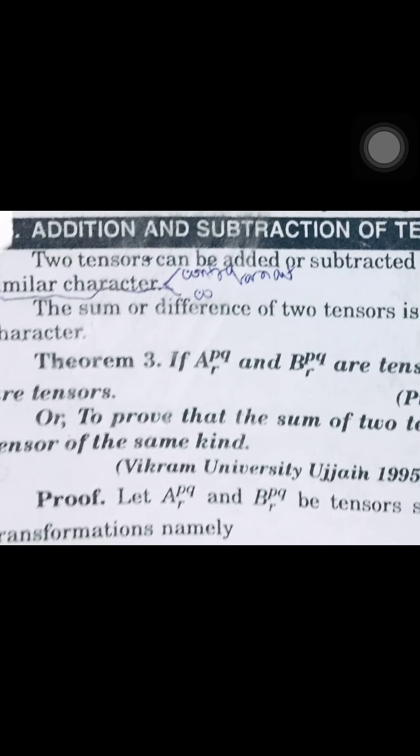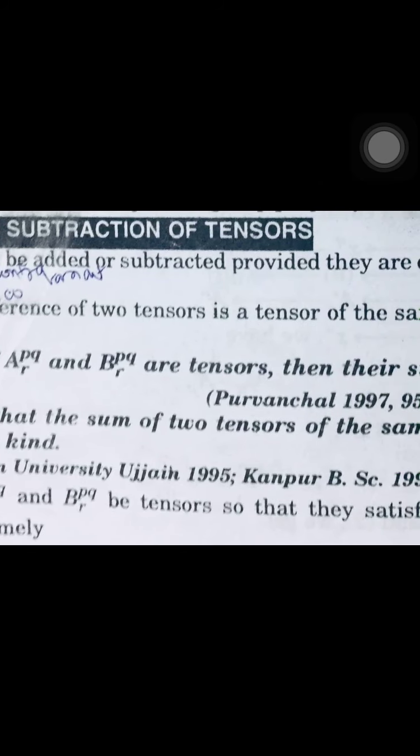The next property we use for tensors is addition and subtraction of tensors. As in earlier classes, addition and subtraction are mathematical operators, binary operations; we need at least two entities to define addition and subtraction. Similarly, for tensors or vectors we need two tensors.